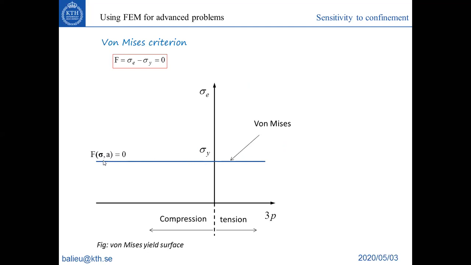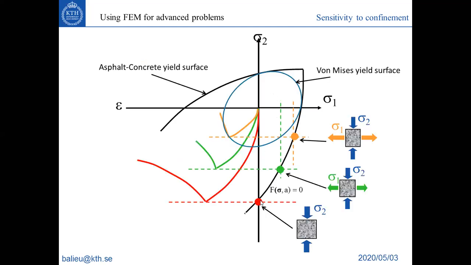So that means you don't have any difference between compression and tension. And as we have seen here, this is not the case for a lot of materials. Here, for instance, when you are in compression, this value is much higher in comparison to this value.